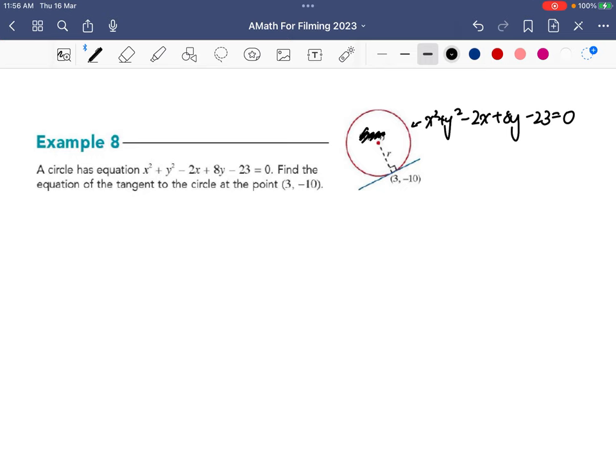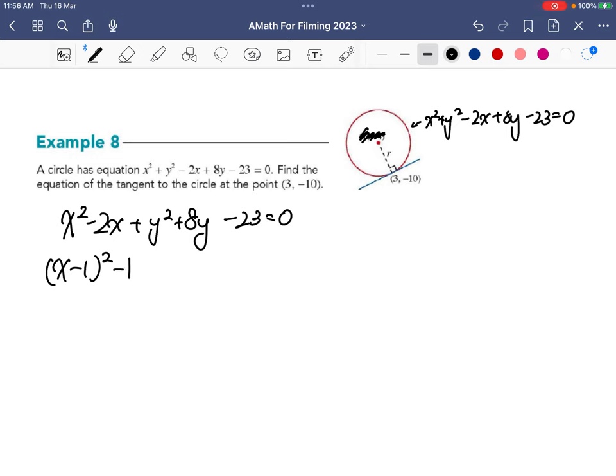x squared minus 2x plus y squared plus 8y minus 23 equals 0. Complete the square: (x minus 1) squared minus 1 plus (y plus 4) squared minus 16 minus 23 equals 0.